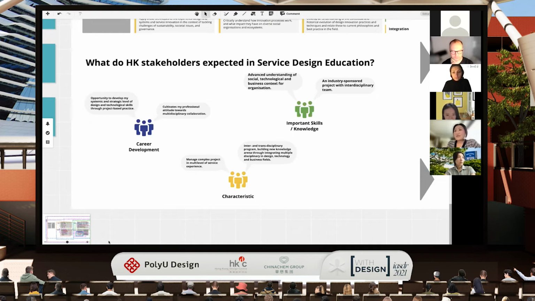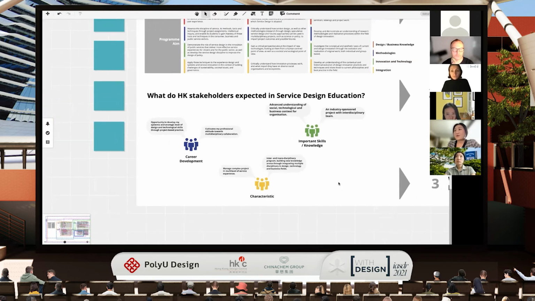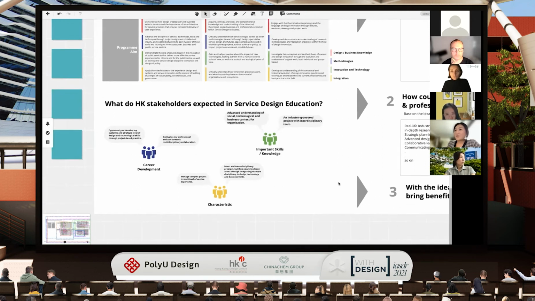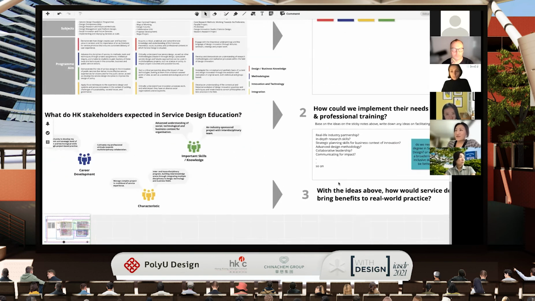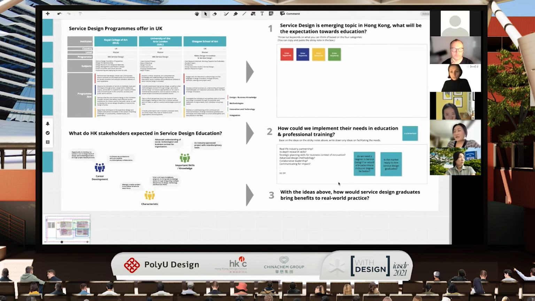So we tried to understand better how service design is demanded, and what other education is needed in Hong Kong. Initially we had a short survey with design graduates who are mainly working in the design industry, such as design agencies or corporate design teams, including marketing teams as well.